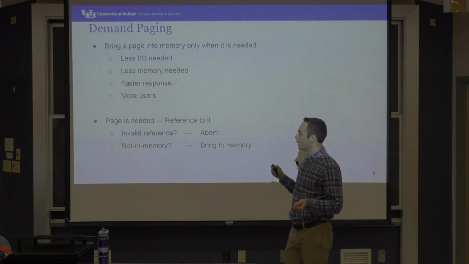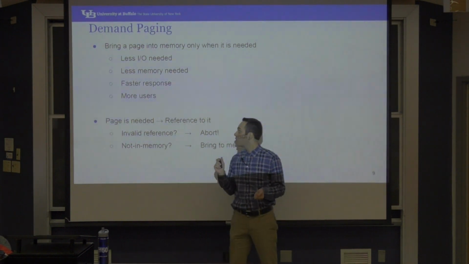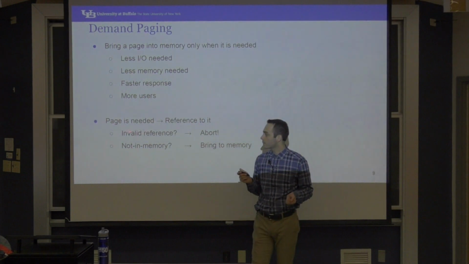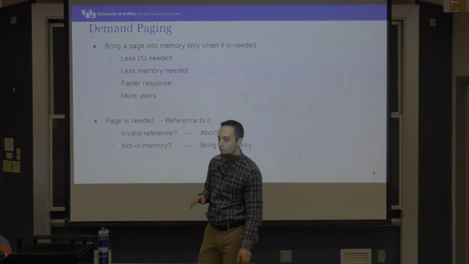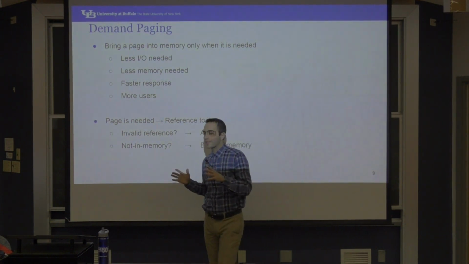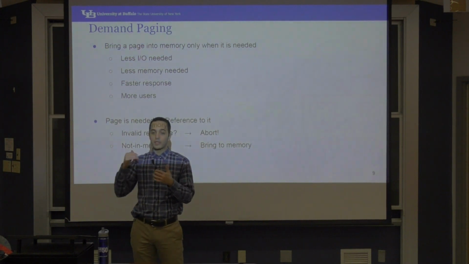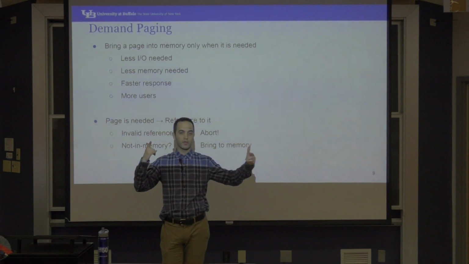So now let's see what happens. When a page is needed, we have to reference it. There are a couple of cases that can happen. Before virtual memory, a process used to have a page table, and its available or allocated pages were always on the physical memory.